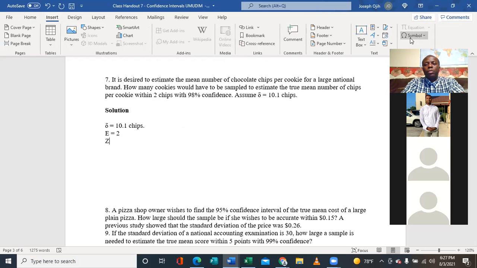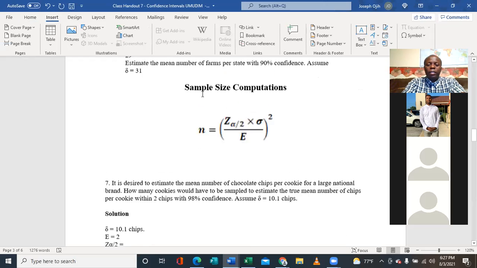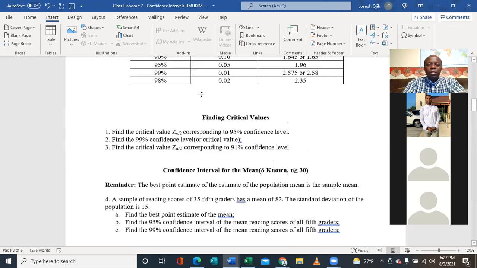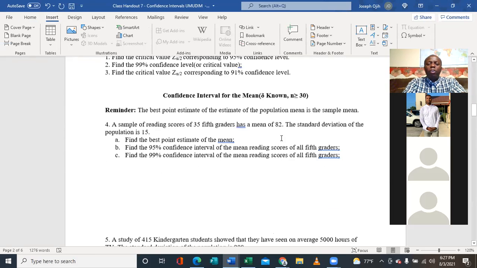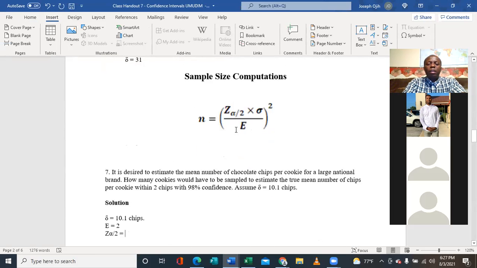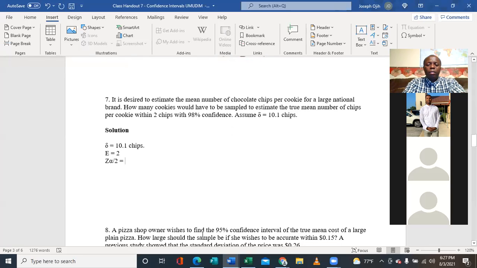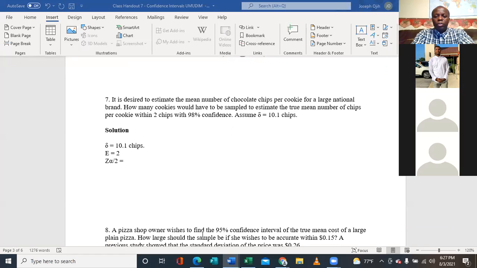I showed you that yesterday, that it is 2.35. See, 98%, 2.35. And you can confirm this by looking at the statistical table that I showed yesterday.